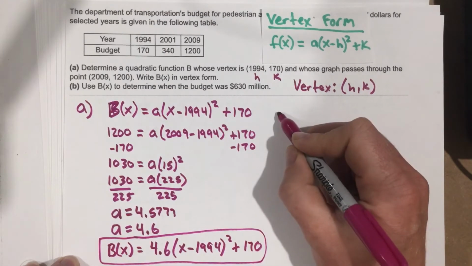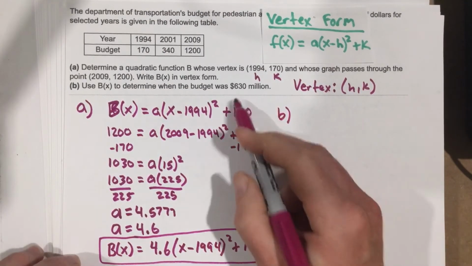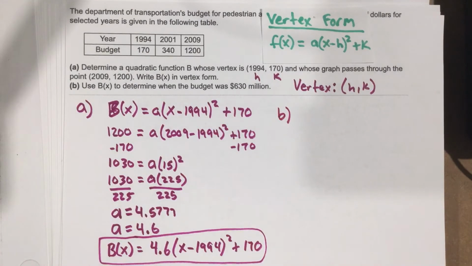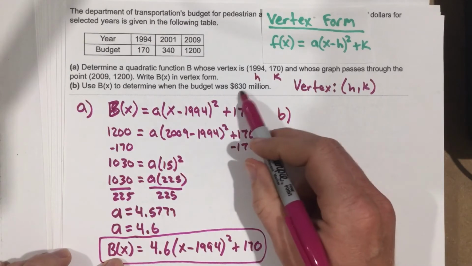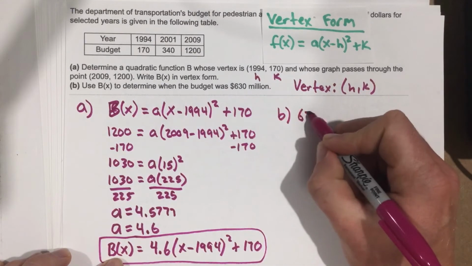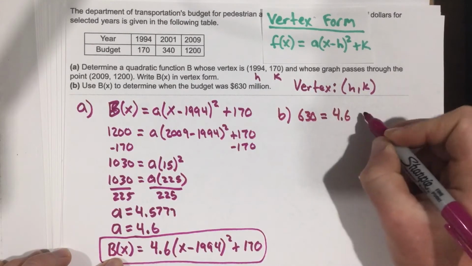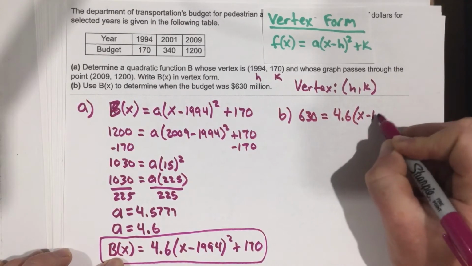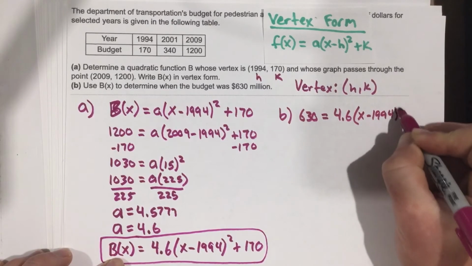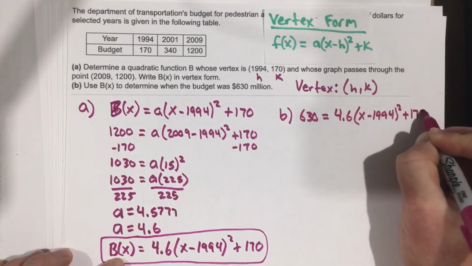Part B then, we take that and we use it to figure out when the budget was 630. So we're going to, again, take b of x and fill it in with 630 equals 4.6 times (x minus 1994) squared plus 170.